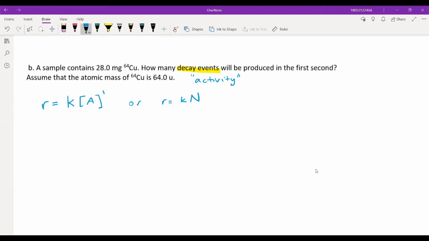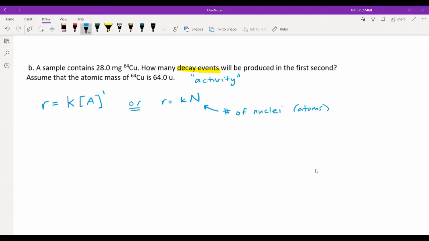So how many nuclei are decaying every second, essentially. We keep going with the same equation, but what you want to use here is not a molarity like we normally do with kinetics. This is actually the number of nuclei or number of atoms. So it doesn't really matter which unit you use here.